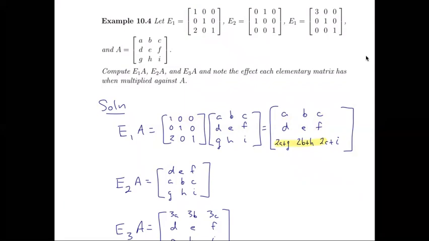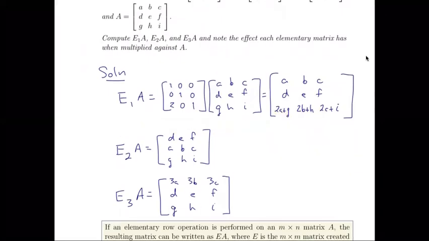So the same row operation that formed our elementary matrix E1 is performed here. When we multiply this elementary matrix times A, we have that same row operation performed, which is a really nice sort of mirroring property, right? However we form the elementary matrix, that's the row operation it does to any other matrix when they're multiplied together.